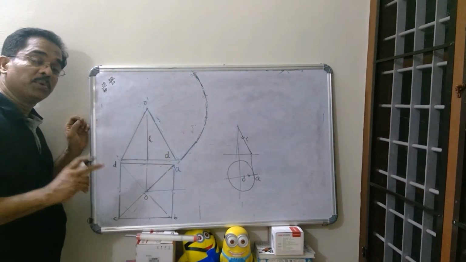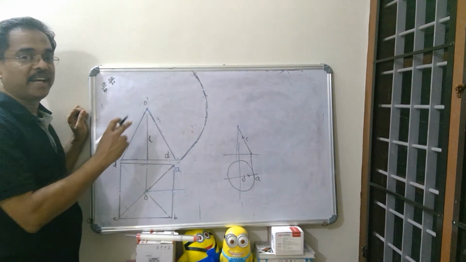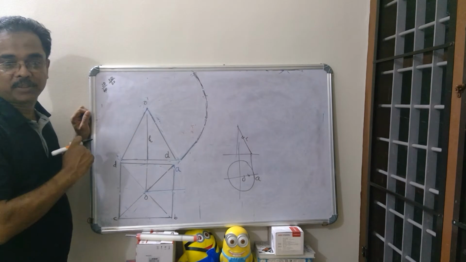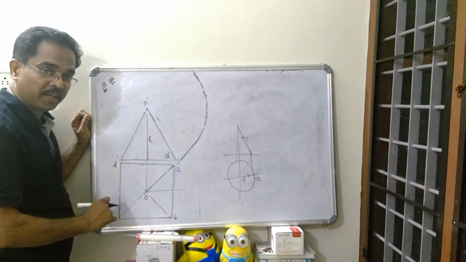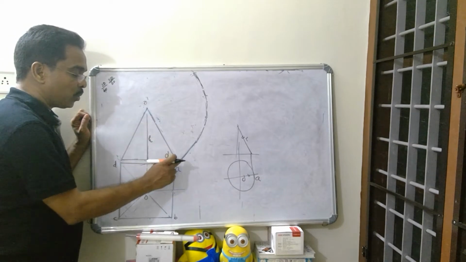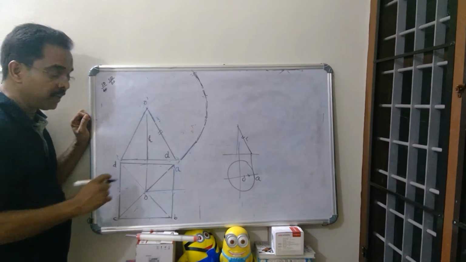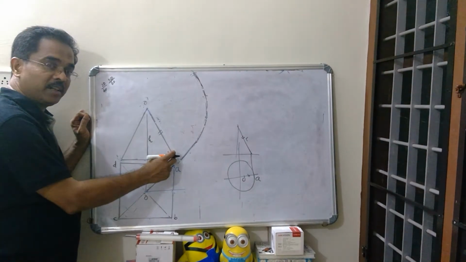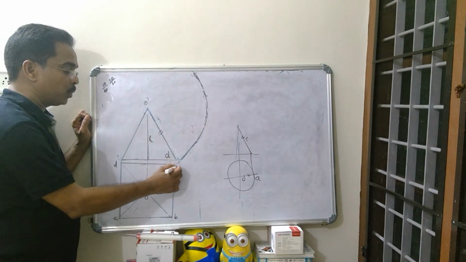I told you the development always represents the shape in two dimensions. So now check the slant edge OA and this length O dash A dash. Is it the true length? No. Why? O dash A dash is inclined to the horizontal plane, whereas OA is inclined to the vertical plane.